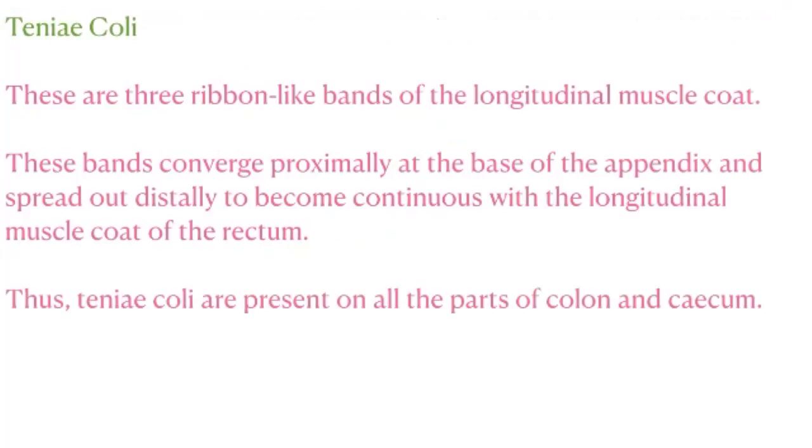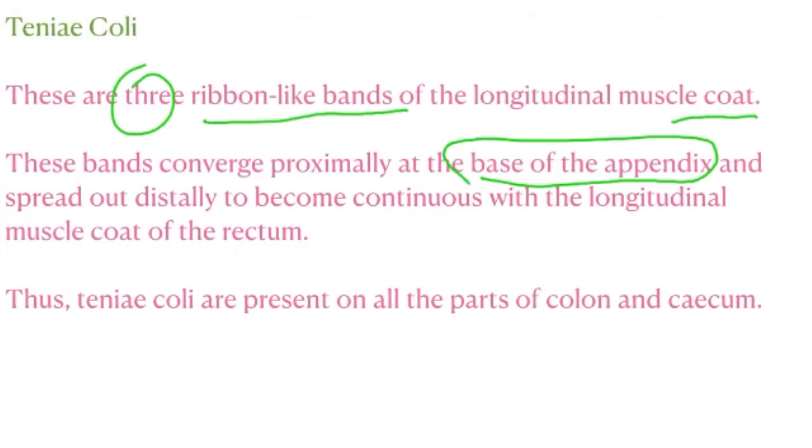These bands converge proximally at the base of the appendix, right? So they start from the base of the appendix and spread out distally to become continuous with the longitudinal muscle coat of the rectum. So it goes all the way to the rectum.